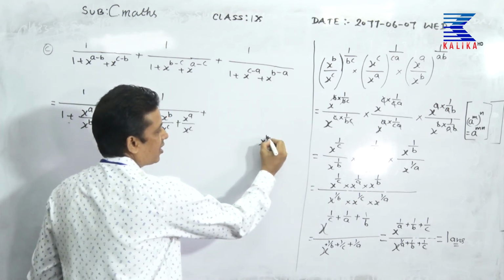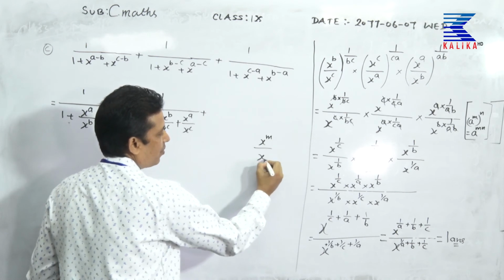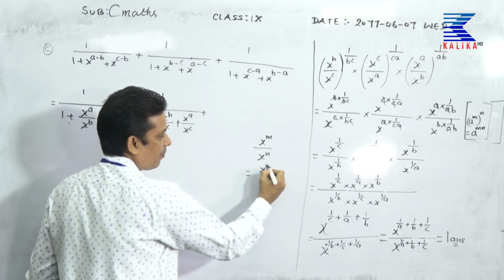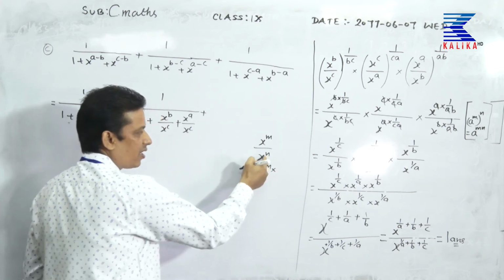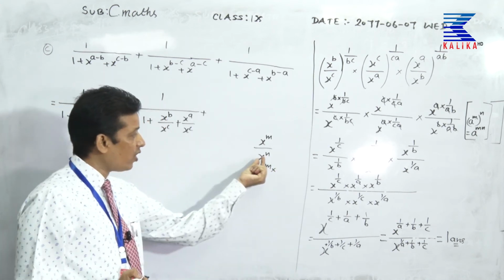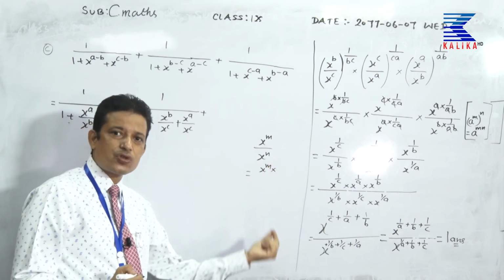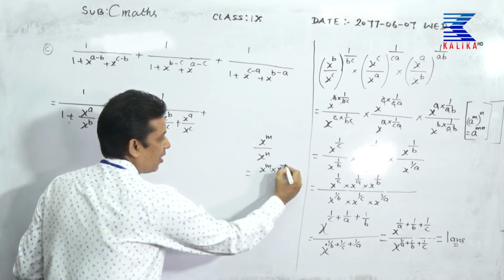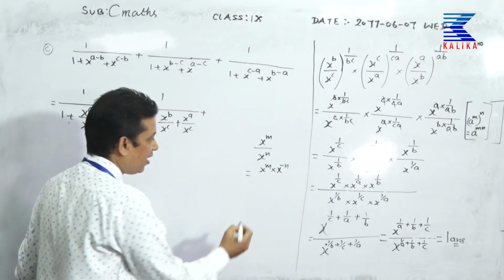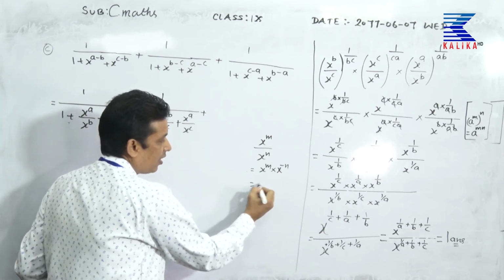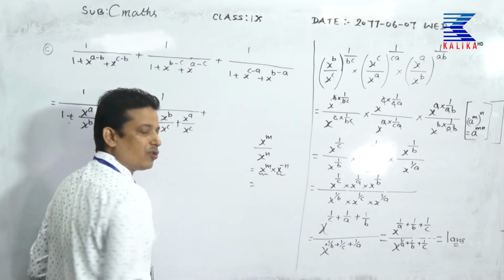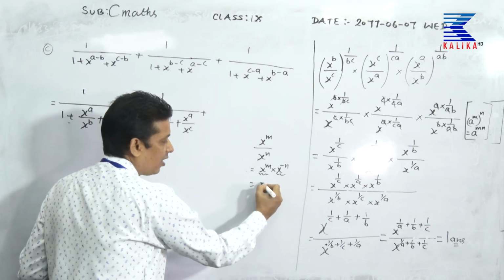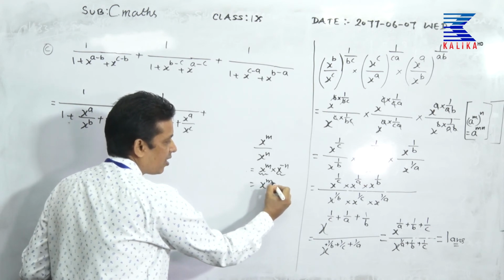if we get x to the power m over x to the power n, we can write it as x to the power m into x to the power n in the denominator, and when this term x to the power n goes to the numerator, we have to write it as x to the power minus n. Both terms have the same base x, so we add the powers and it becomes x to the power m minus n.